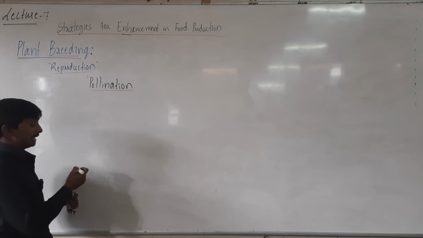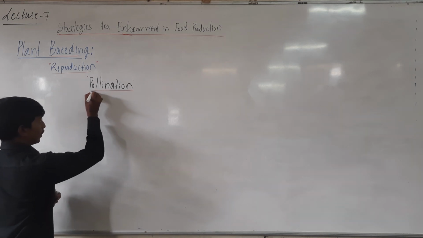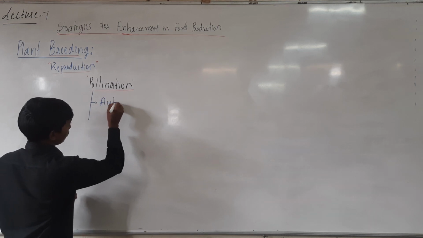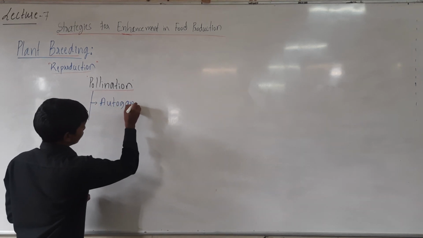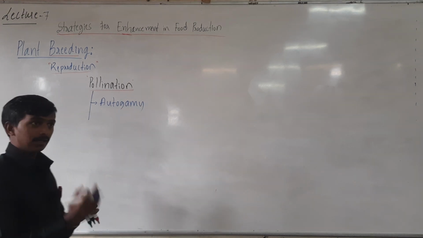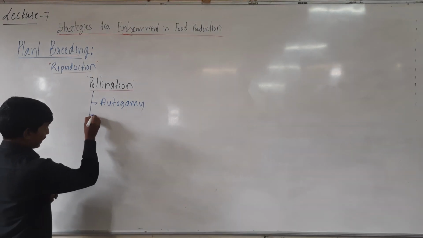Here we have discussed three different types. One is autogamy, which is transfer of pollen grains from anther to the stigma of the same flower of the same plant.